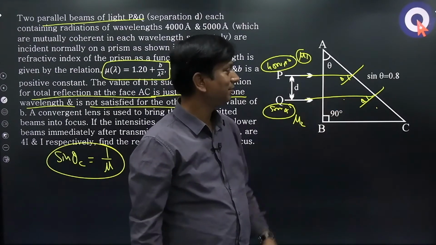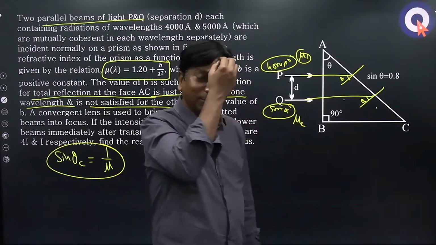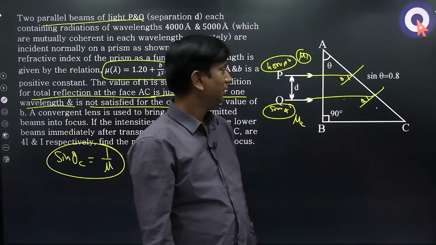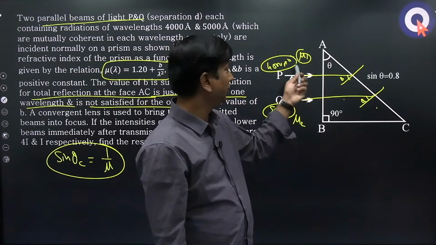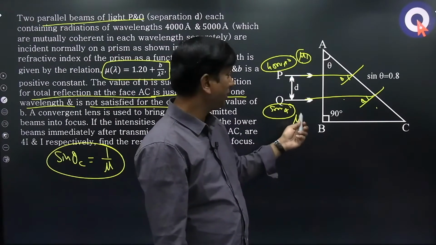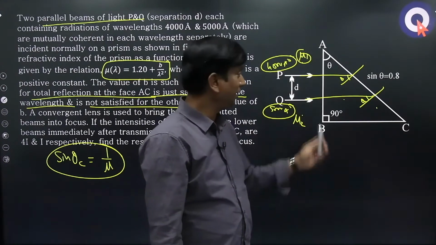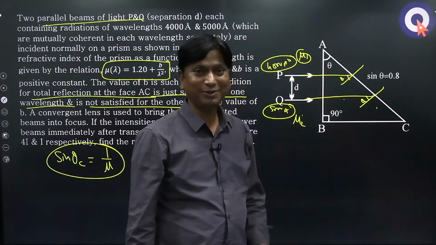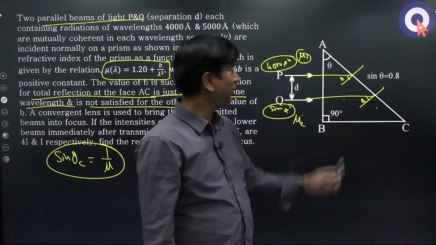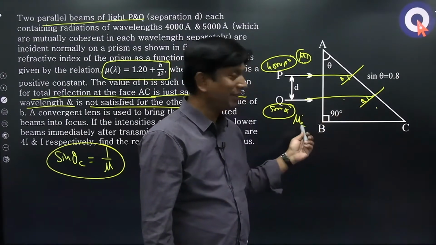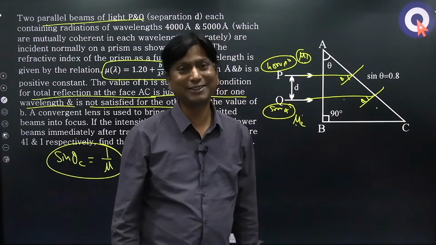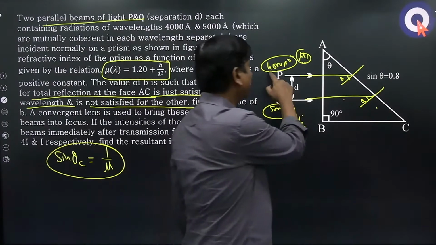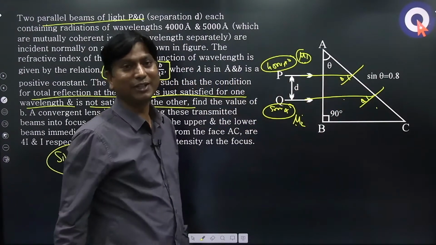Suppose the critical angle for this one is 40 degrees, then obviously for the other it is 50 degrees, and light is incident at 45 for both. 45 is greater than 40, because critical angle for nu 1 is 40. But here 45 is less than 50, because this critical angle is 50 degrees. Correct or not? So whenever they have given that only one is totally internally reflected, compulsorily for 4000 angstroms only total internal reflection happens.